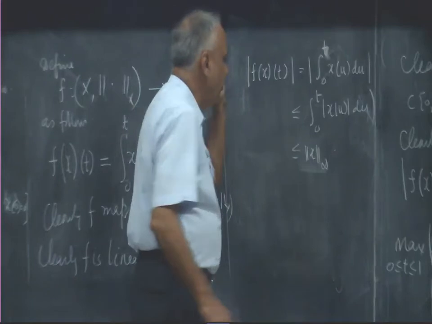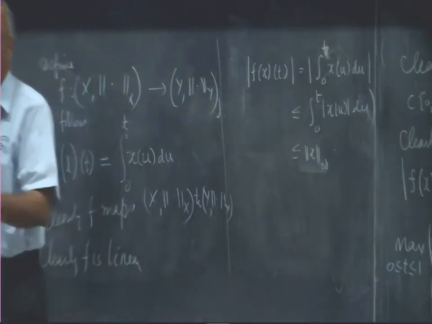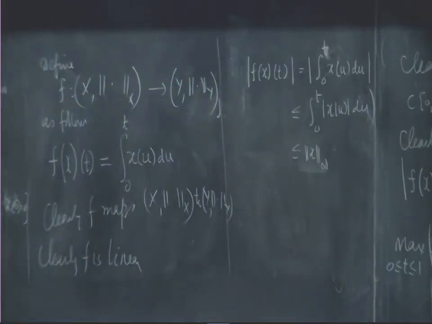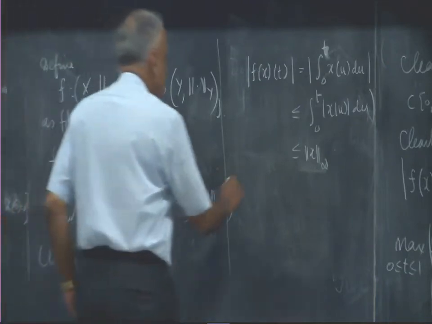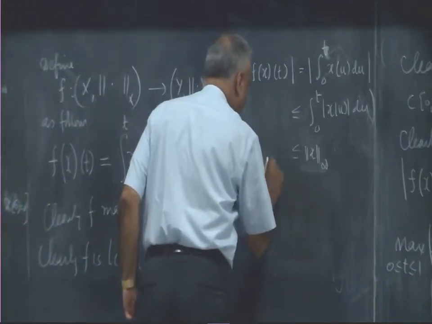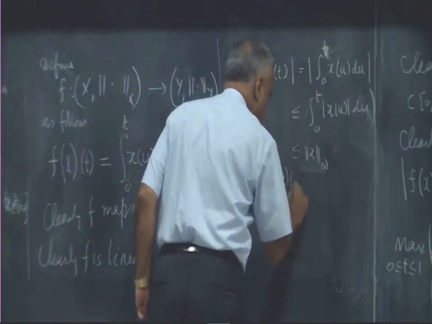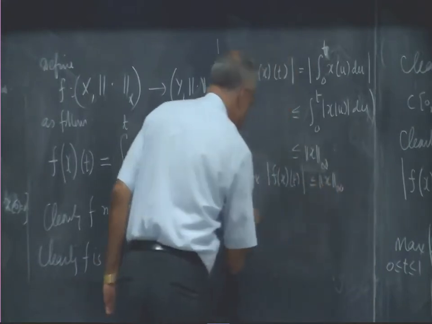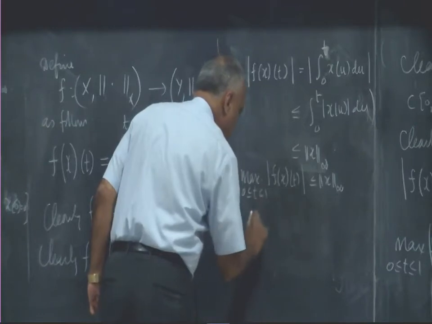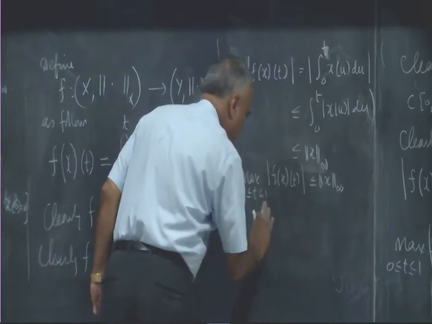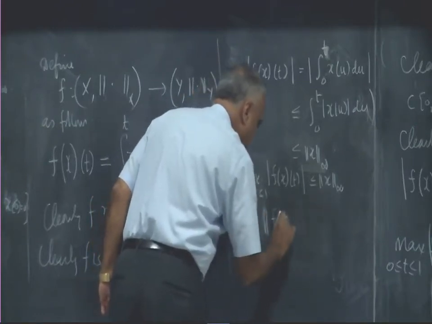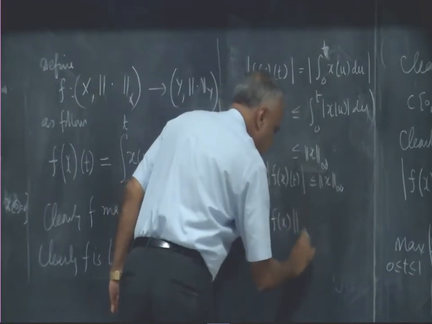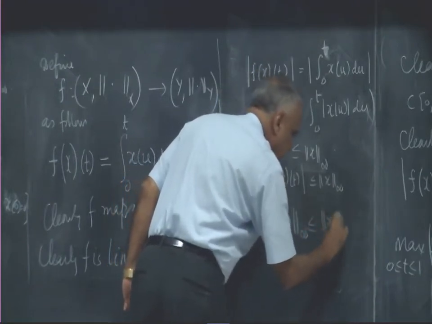So this function again at every point t is below that constant, and therefore the maximum of mod f(x)(t) is less than or equal to the norm of x, for t between 0 and 1. Therefore f is bounded, and the norm of f(x) is less than or equal to the norm of x.